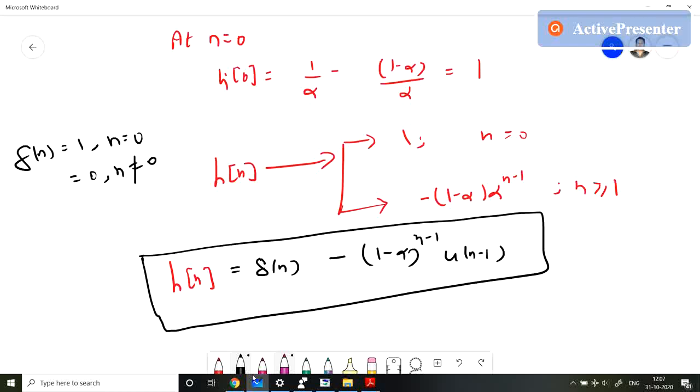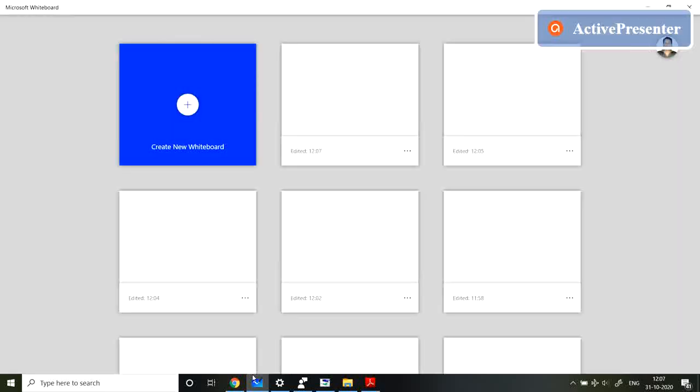And u[n minus 1] is equal to 1 for n greater than or equal to 1, and 0 for n less than 1. So these two definitions we have used, and we write h[n] is equal to delta[n] minus (1 minus alpha) raised to the power n minus 1 u[n minus 1]. So this is our final solution of the impulse response.